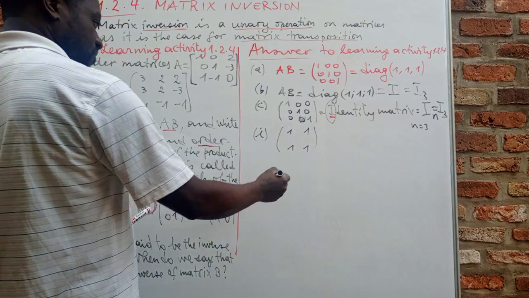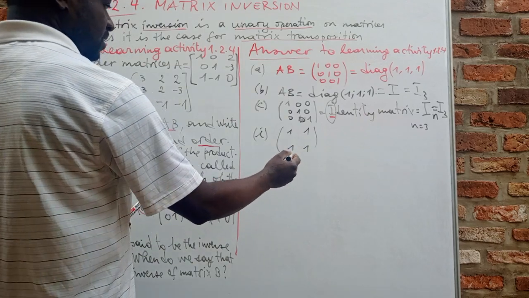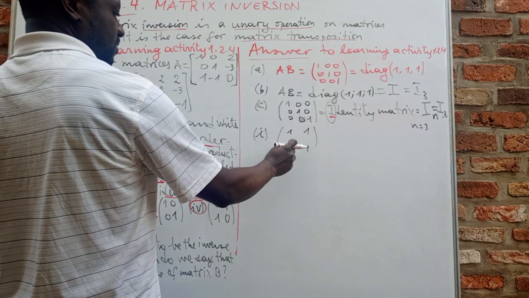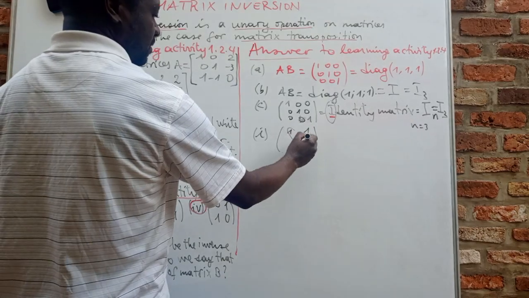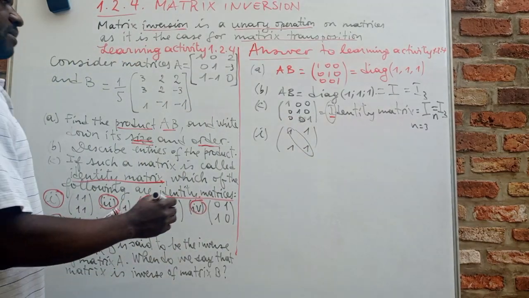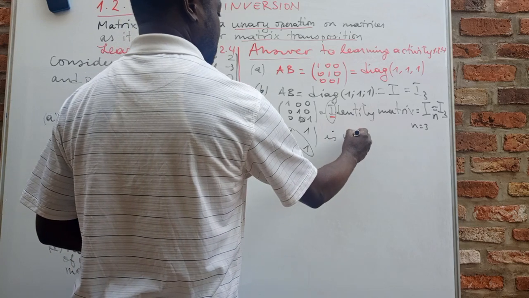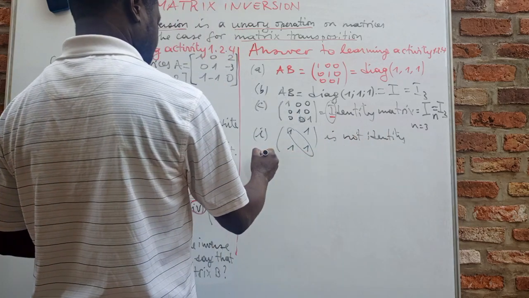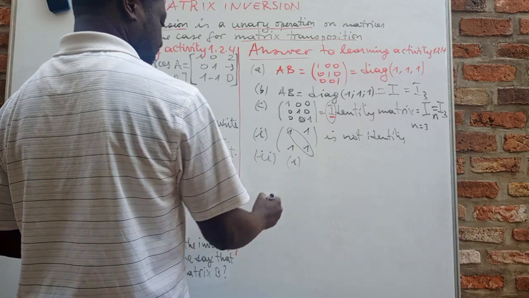This is a 2 by 2 matrix of order 2, but the non-diagonal elements are not 0. The diagonal elements are 1, but the non-diagonal elements are non-zero. This is not an identity matrix.